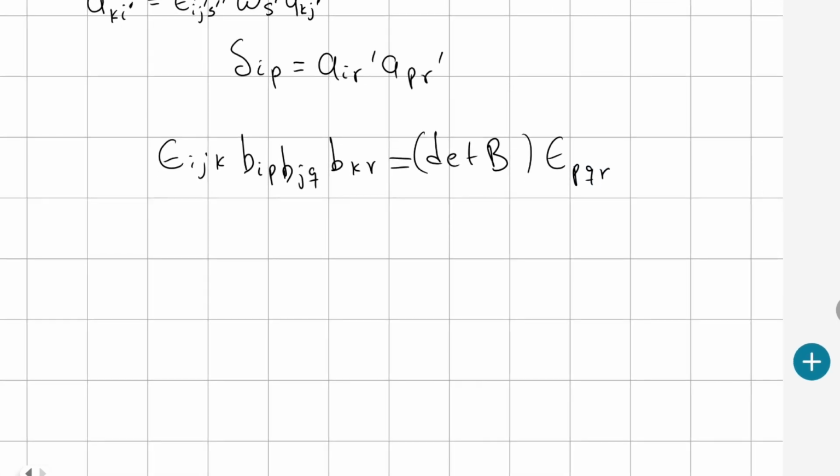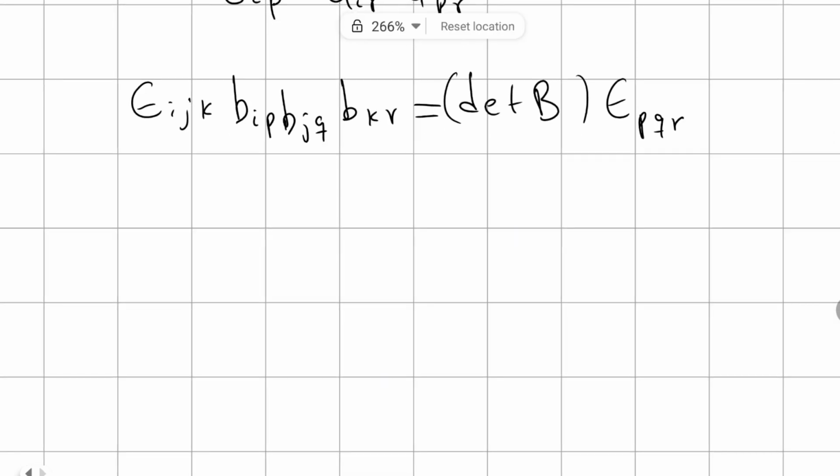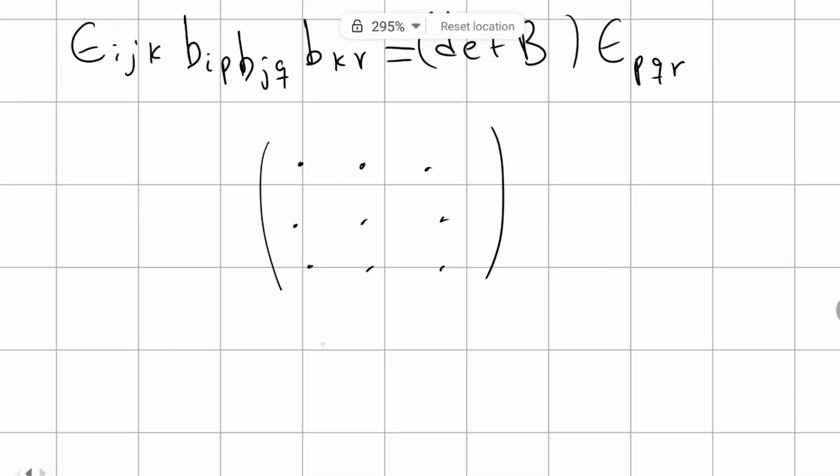Remember that here we are only working with 3 by 3 matrices. If you have a 3 by 3 matrix, taking the determinant means multiplying elements from different rows and different columns.